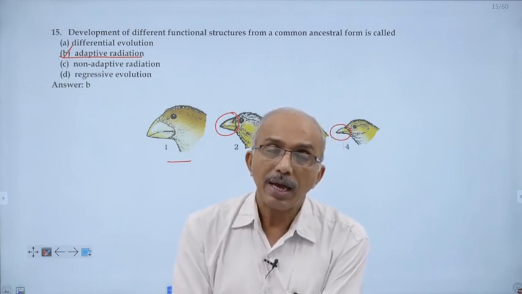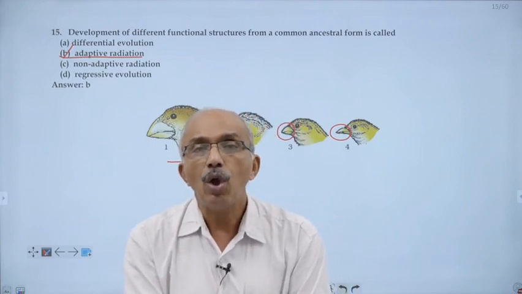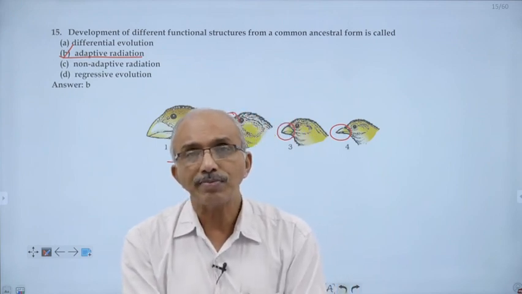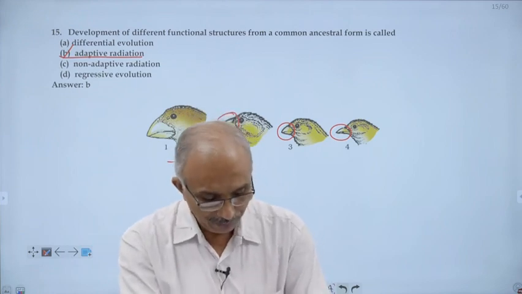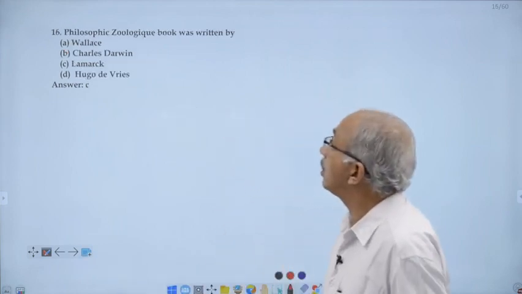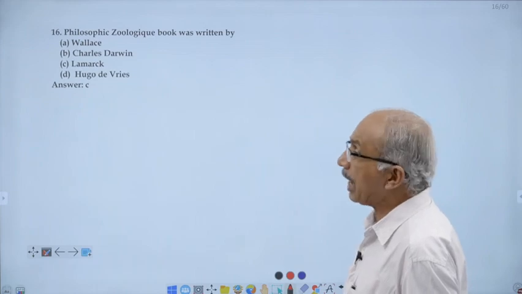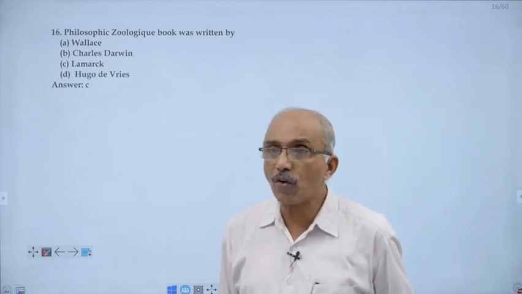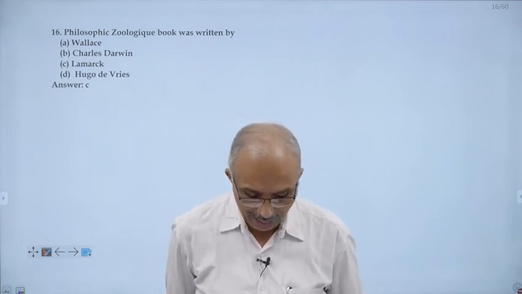Adaptive radiation represents homologous organs and divergent evolution. Okay, next. Philosophie Zoologique is the name of a book. This book was written by Lamarck.